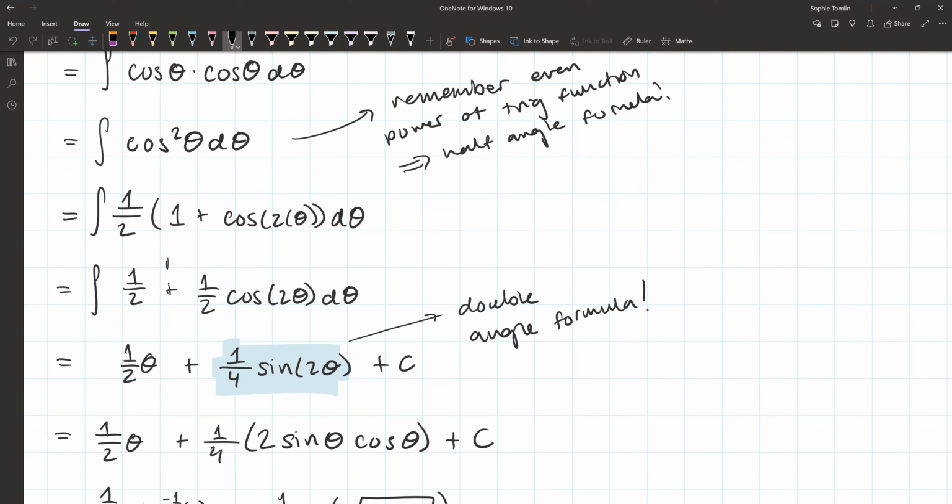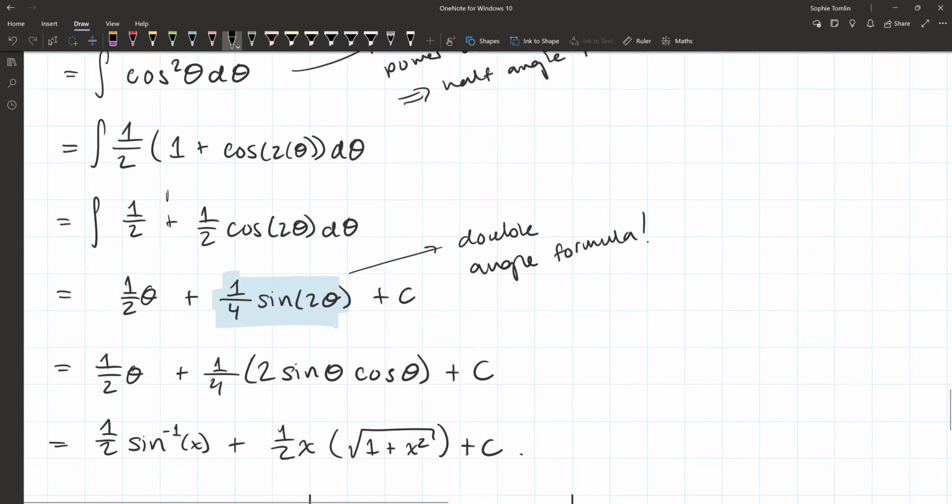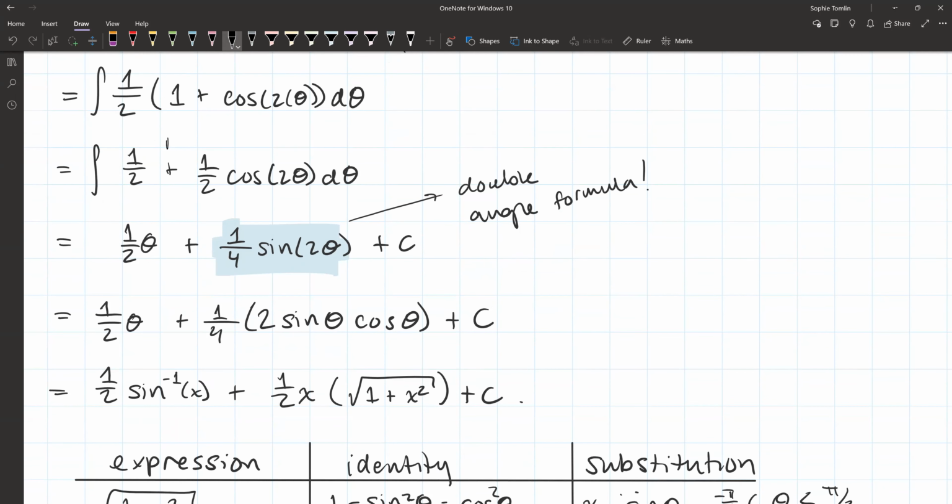And so now we think back to our double angle formulas for trig, and we have that sine of 2 theta is also equal to 2 sine theta cos theta. And then we remember the substitution we did where we had x is equal to sine theta.